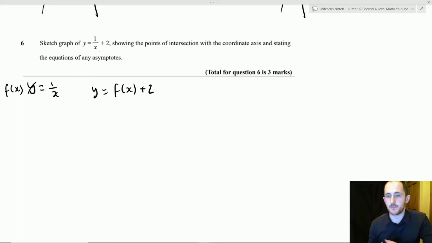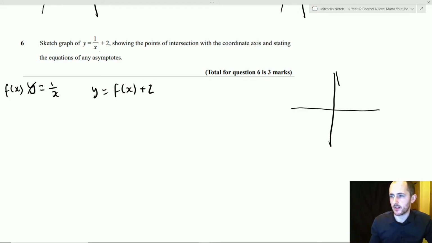Now you need to be really careful because this equation does actually have intercepts of its own. If you remember with the 1 over x graph, you have something that looks along the lines of this, and the asymptotes are along here.